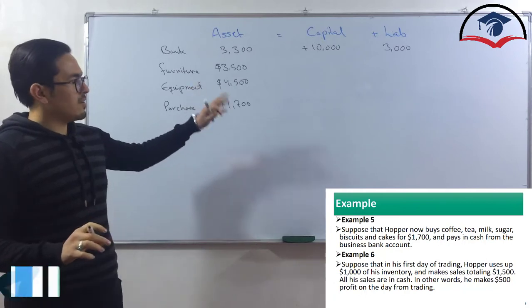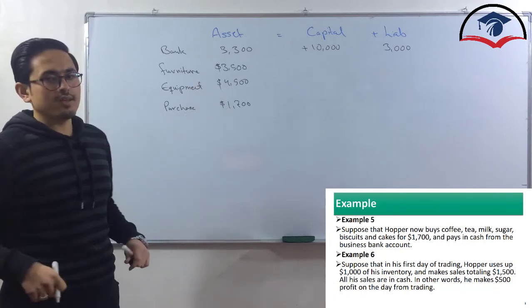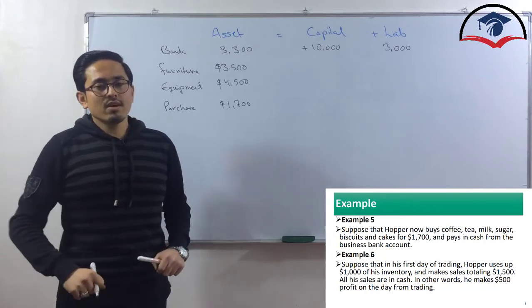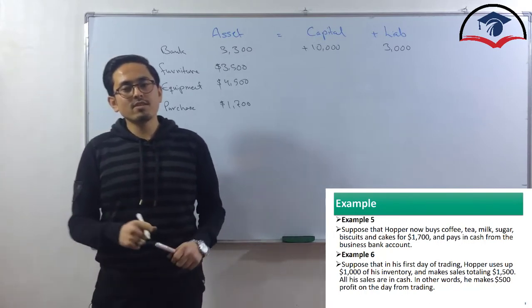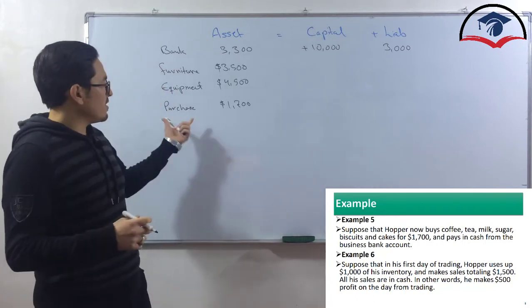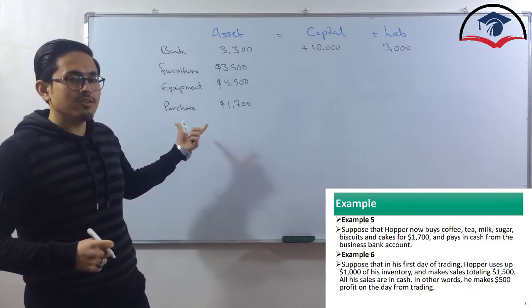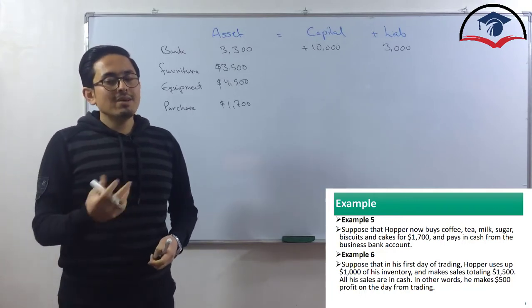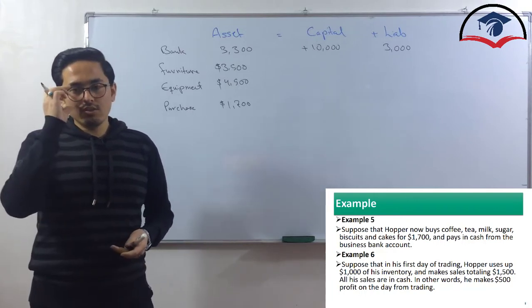You can pause the video and calculate that again. It's still $13,000. And for part 6, suppose that in his first day of trading, Hopper uses up $1,000 of his inventory. From this $1,700, he used $1,000 and makes sales totaling $1,500.